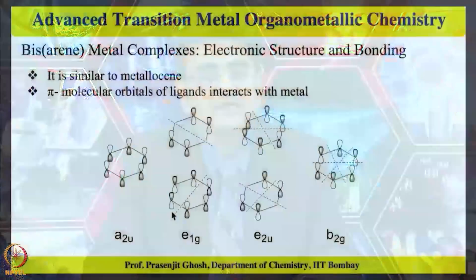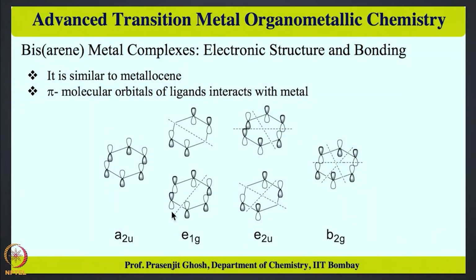Before we do that, let us see how these orbitals, A2U, E1G, E2U and B2G, align themselves to interact with various possible metal orbitals.